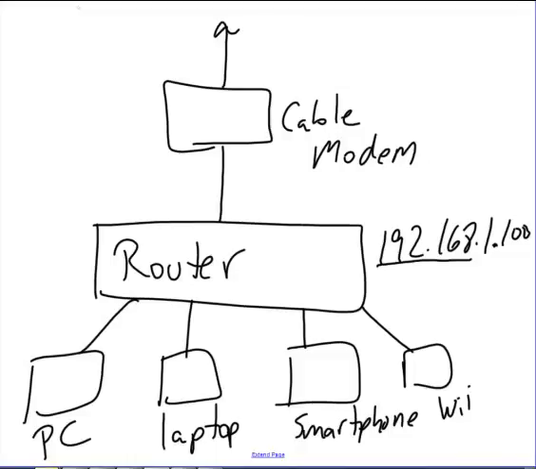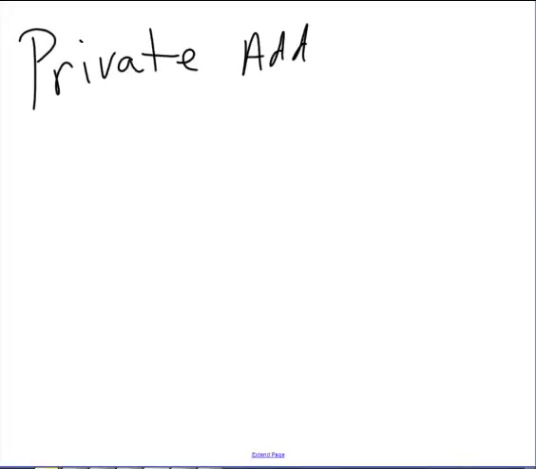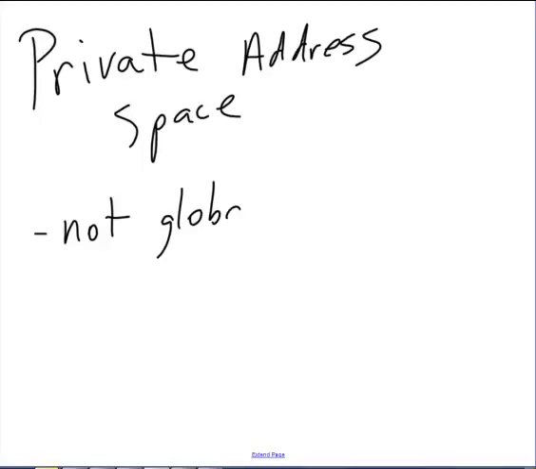Addresses with this prefix are what we call the private address space. One of the features of the private address space is that it is not globally routable.